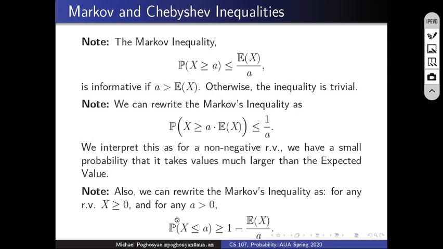Sometimes people write Markov inequality for this kind of probability. So if this holds, then if I pass to complements, the probability that x is less than a is larger or equal than 1 minus the expected value of x over a. Here I need to write smaller than a. Well, I will correct that.